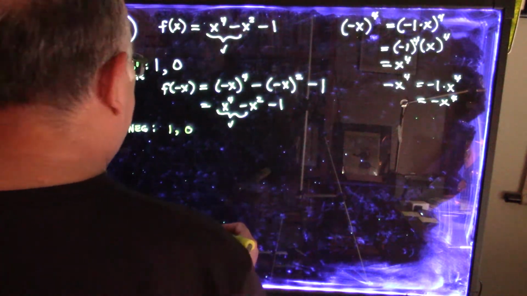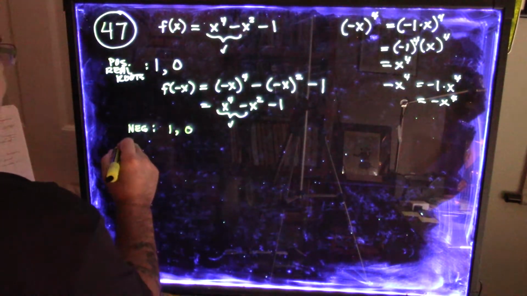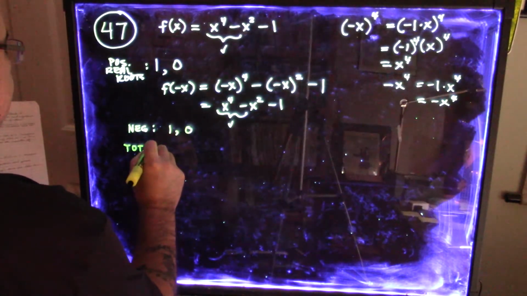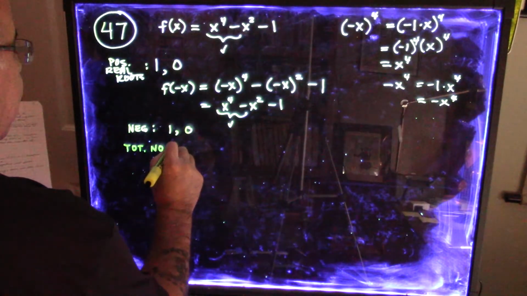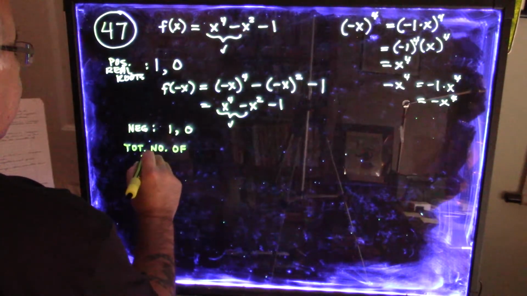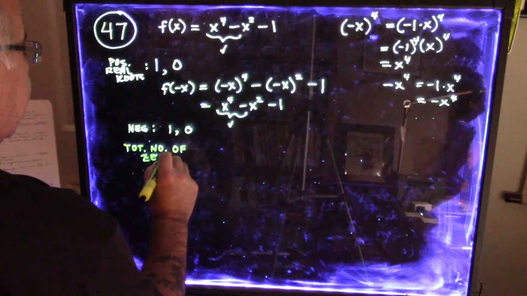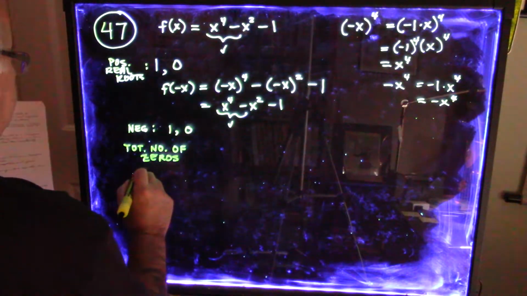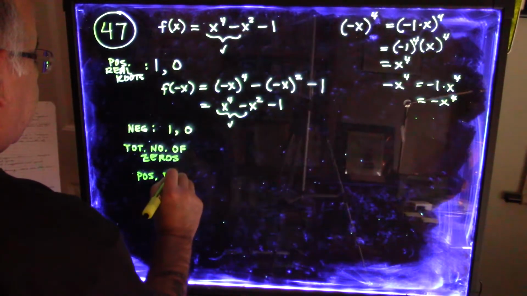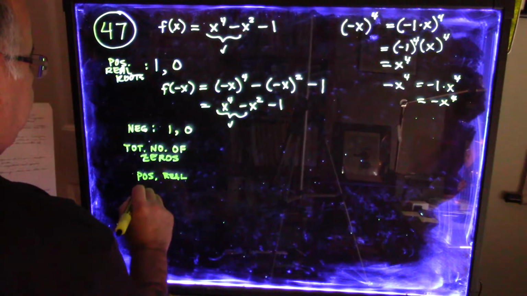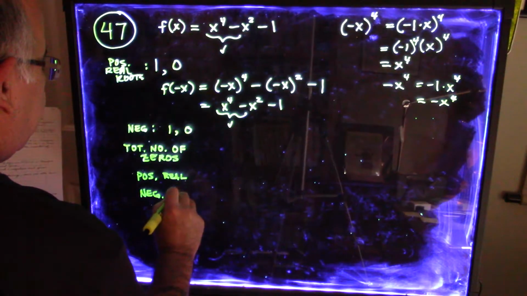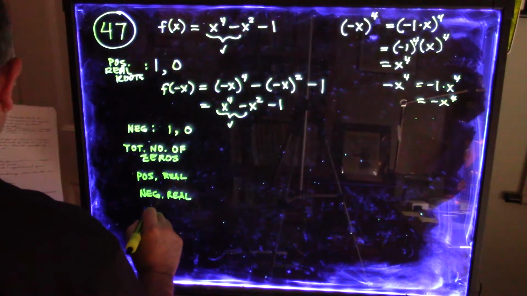So we can make a little table of possibilities. The total number of zeros or roots, positive real roots, the negative real roots, and the non-real roots.